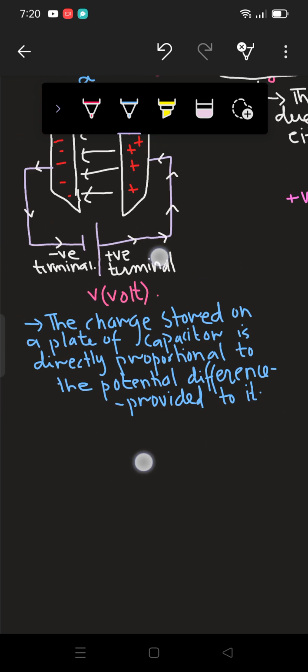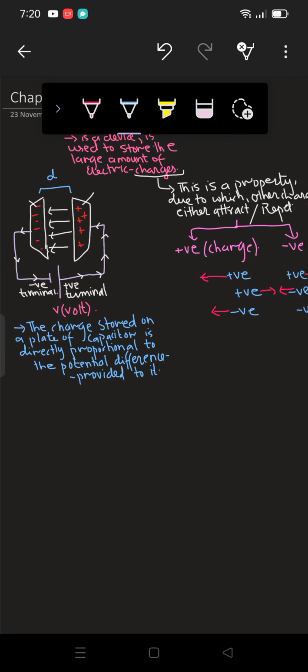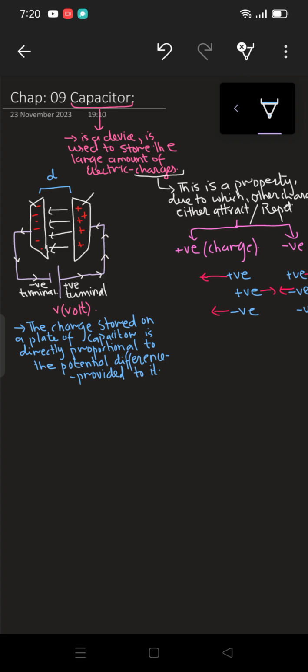Again, the charge stored on a plate of the capacitor, since a capacitor is a device that stores a large amount of charges, is directly proportional to the potential difference provided to it.